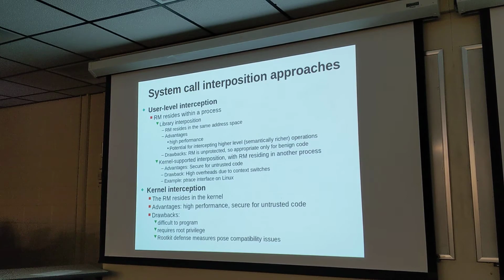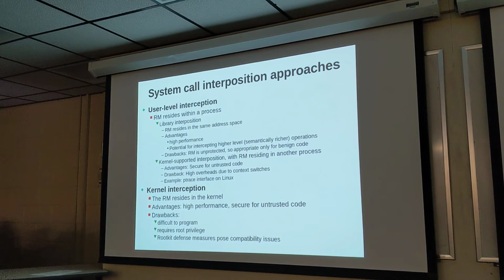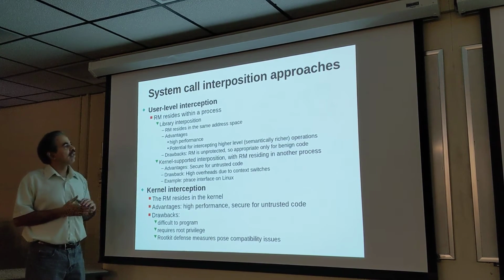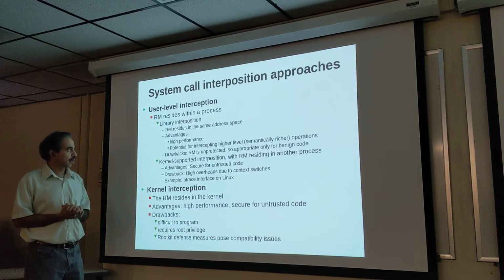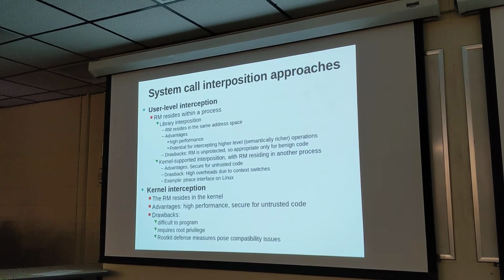Okay, so the ptrace method that we talked about is one where the checker simply runs in a different process, so you don't have some of these security problems that we just mentioned. So let's get back to discussing the ptrace based system call interception a little bit more.